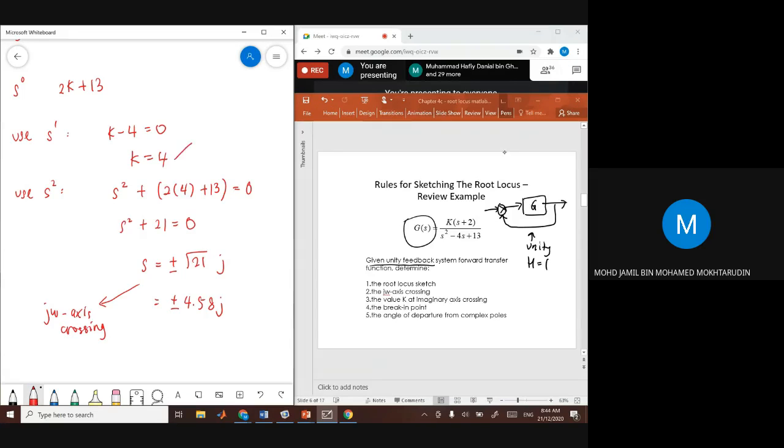And this is the value of K at axis crossing. Okay, so the purpose of this point, jω axis crossing, is the point where the system is marginally stable.